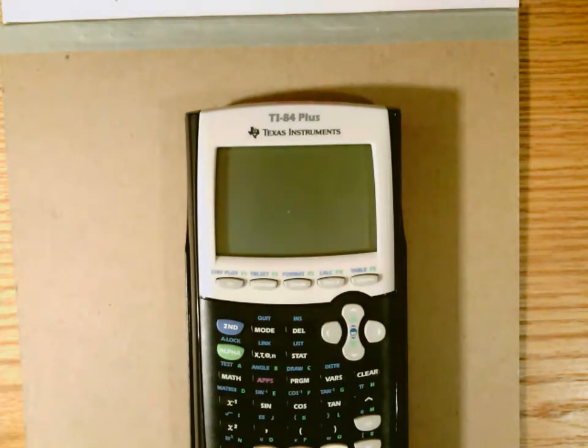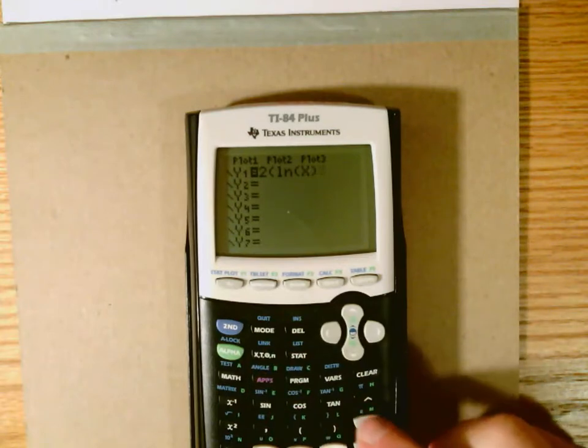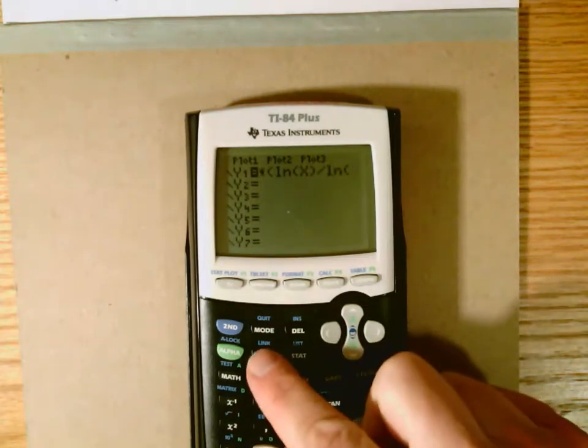So I'm going to use the change of base formula to rewrite that as either a common logarithm with a base of 10 or a natural logarithm with a base of e. It doesn't matter which one I choose. I have buttons for both on my calculator. So I'm going to say y equals 2 multiplied by the natural logarithm of x divided by the natural logarithm of 5.